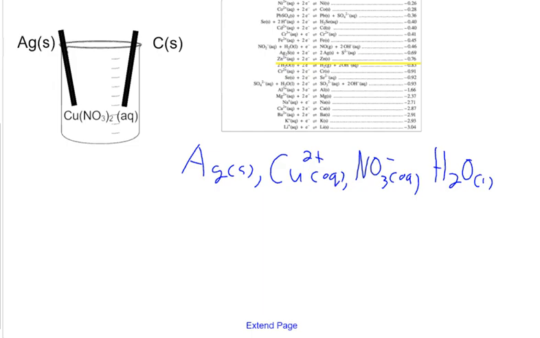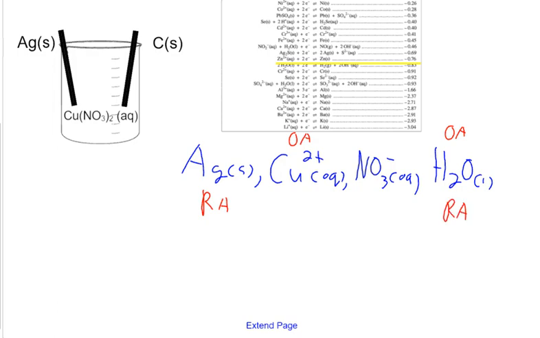So then I like to label. I always label OAs on top and RAs on the bottom. All elemental metals are reducing agents. Copper 2+ is an OA. Nitrate is not on our table by itself. Nitrate with H+ is a strong OA, but nitrate I'm not going to label because it shouldn't be.